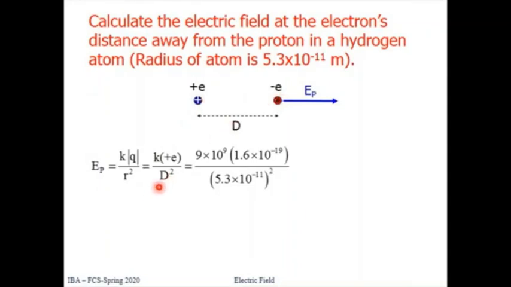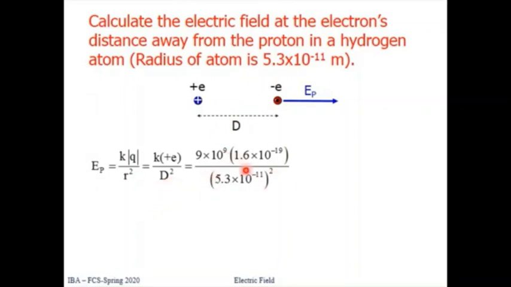So if we substitute the values, K has a value of 9 × 10^9. The electronic charge is 1.6 × 10^-19 coulomb, and this is the distance from the source charge to the point of interest, which is (5.3 × 10^-11)^2.